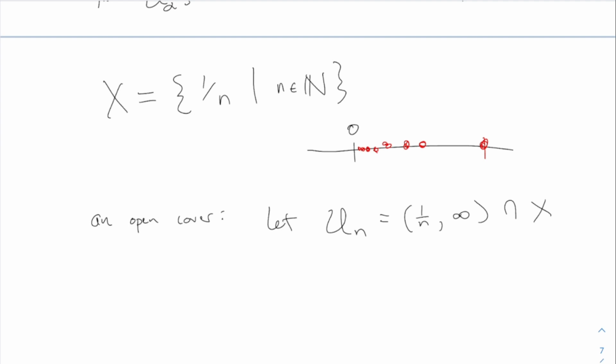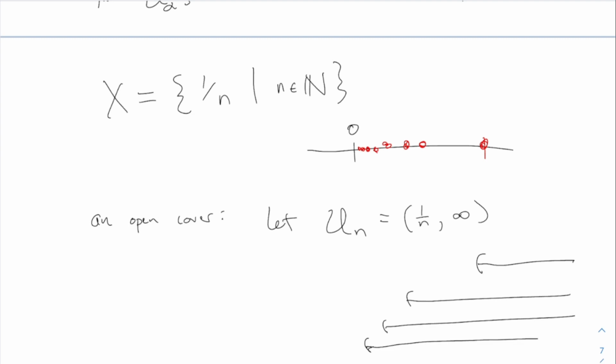I don't really need the intersect with X. Let's leave that out. That's a technicality I don't really care about at this point. Can I just convince you that this has no finite subcover? What these look like, these are sort of intervals. They always go out forever. The first one goes 1 to infinity. The next one goes 1/2 to infinity. The next one goes 1/3 to infinity, 1/4 to infinity, etc.